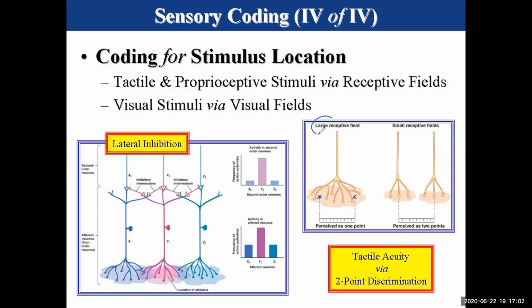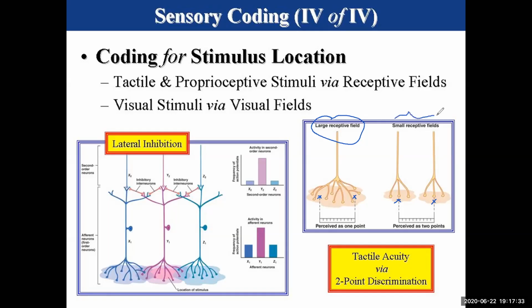With this large receptive field, the brain will perceive it as one same stimulus. But over here, since there are two different neurons, with a stimulus here and a stimulus here, the brain will be able to perceive two different positions on the same size area on the surface of the skin.